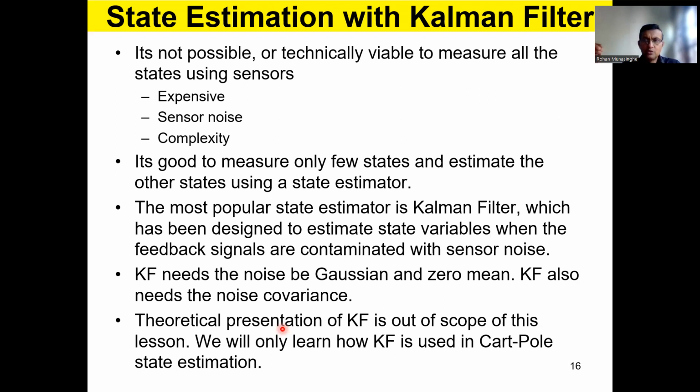We are not actually using direct measurements from the sensor for feedback, but we send it to the Kalman filter and ask the Kalman filter to estimate a better value, not the raw value you are getting out of the sensor. Remember that. You have a sensor, maybe a position encoder for the cart's position.